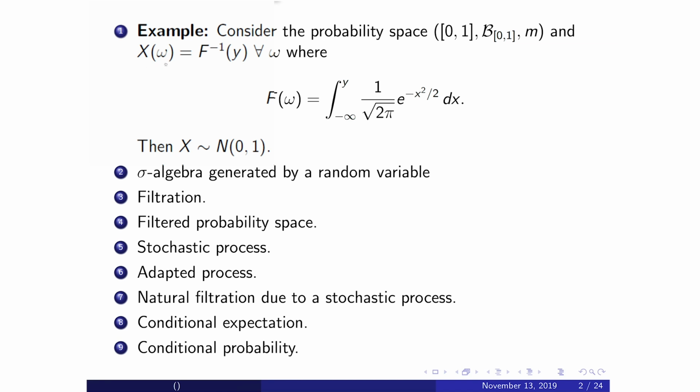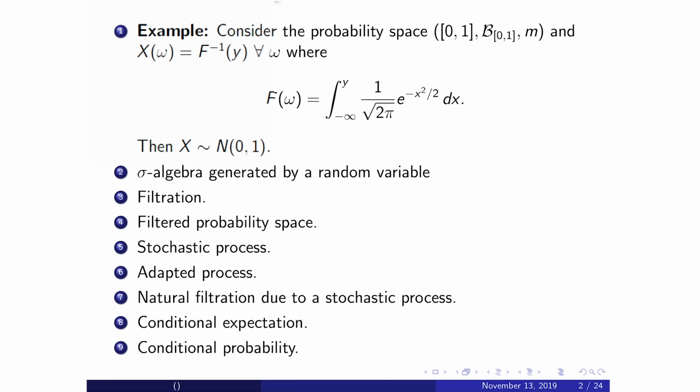So, this is taken as f inverse of y, for all y real, where f of y is the integral from minus infinity to y of 1 over square root 2 pi e to the minus x square by 2 dx. Okay, so we define it this way.